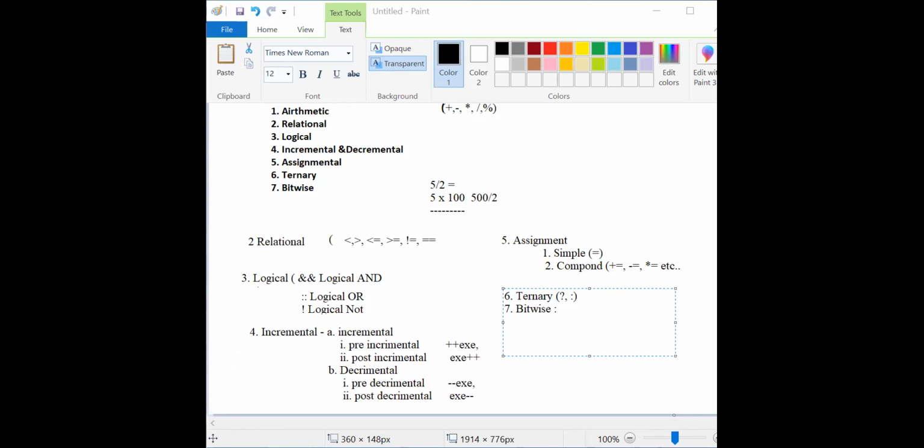And next, unary operators. Where do you use unary operators? Logical and bitwise, assignment operators. Okay, yes, those are the unary operators. Why do we call them unary?